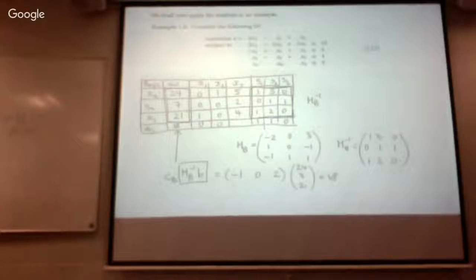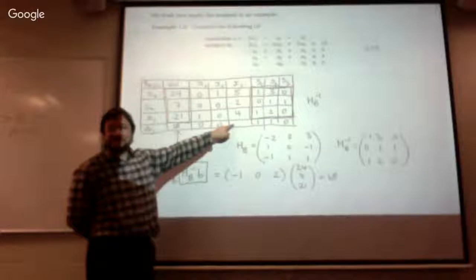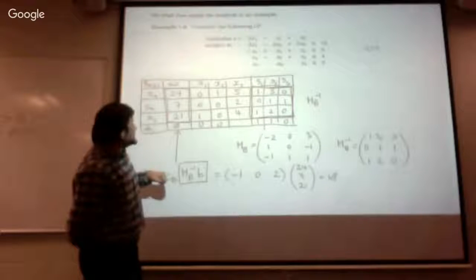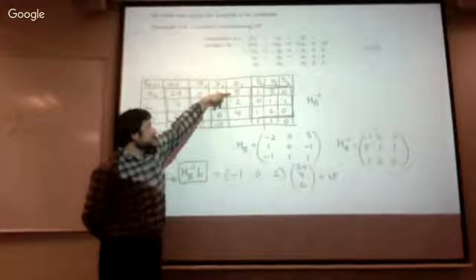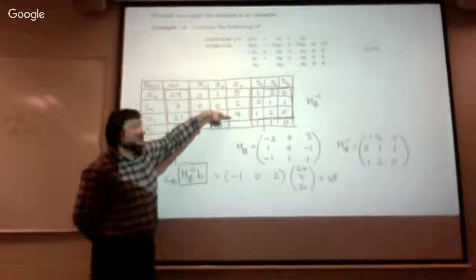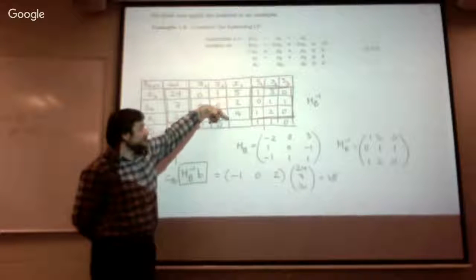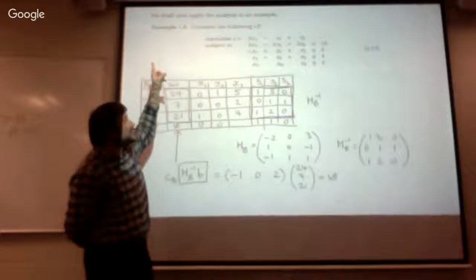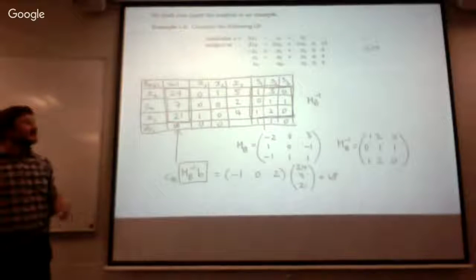And now this one, I have 2 different ways to work it out. The first one is that I'm going to take -1, 0, 2: -1 times 5, 0 times 2, 2 times 4 is 8, 3, is that right? -5 plus 8 is 3. 3 minus 1, because we started with -1, so 1 is the coefficient of x3.